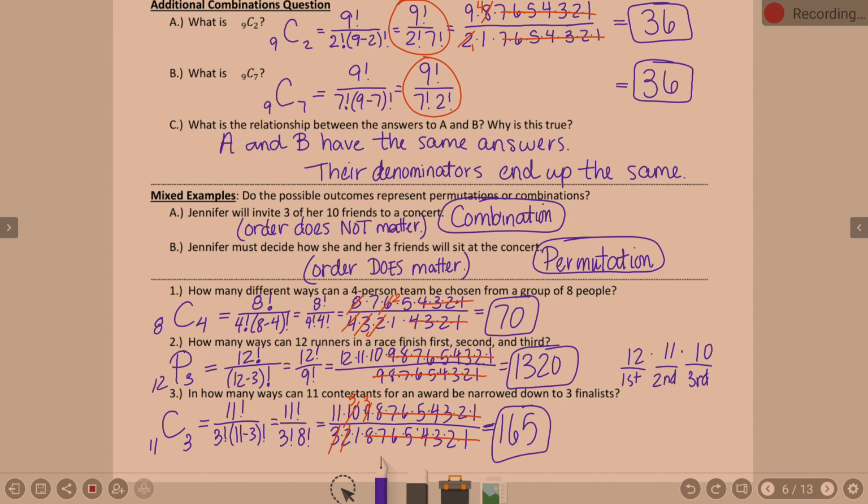Again, you could just type in 11 times 10 times 9 and divide by 6 as well. Make sure you have everything you need. Then we're going to talk about some probability. Have a calculator by your side. You'll want it.